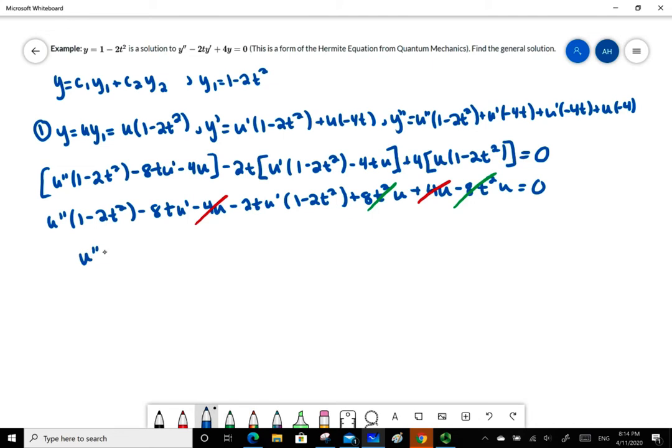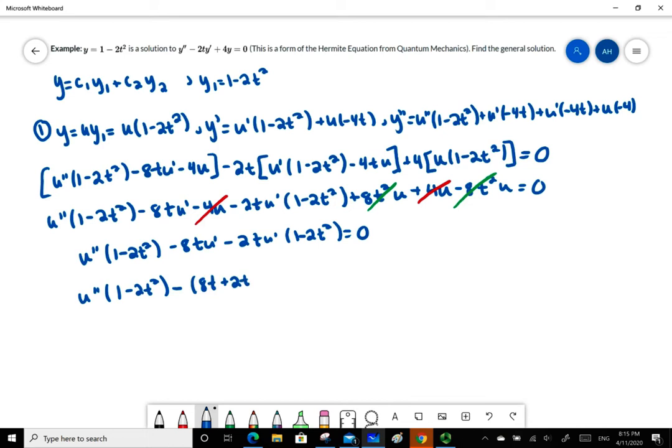So we have u double prime times 1 minus 2t squared minus 8t u prime minus 2t u prime times 1 minus 2t squared equals 0, or u double prime times 1 minus 2t squared minus 8t plus 2t times 1 minus 2t squared u prime equals 0, which simplifies to u double prime times 1 minus 2t squared minus 10t minus 4t cubed u prime equals 0.